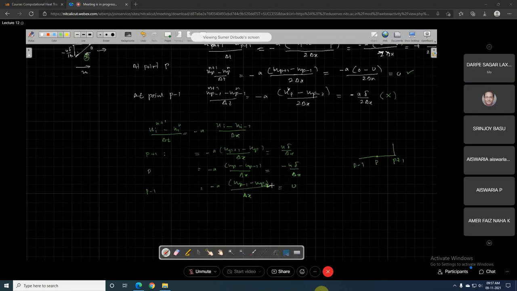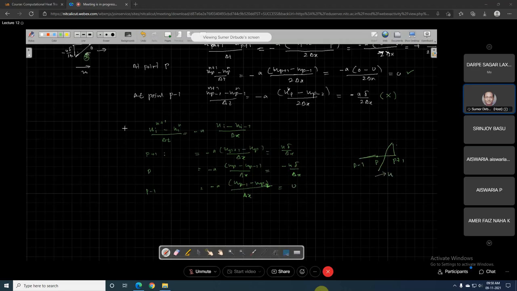P minus 1, p minus 2. So you see that it is 0 here, and then from negative to like this, it is moving. So here there is no effect. Any perturbation at P moves in the direction of flow.